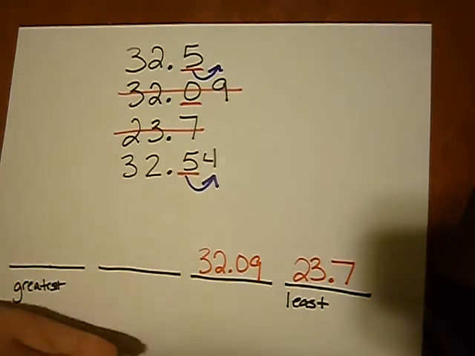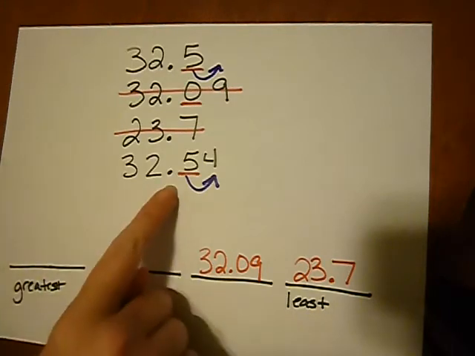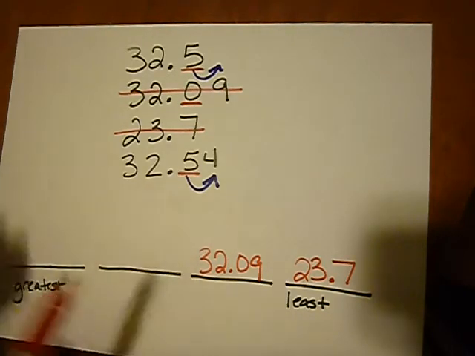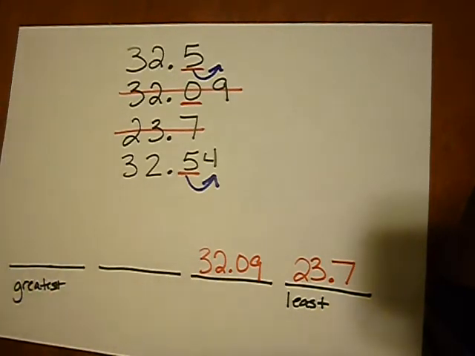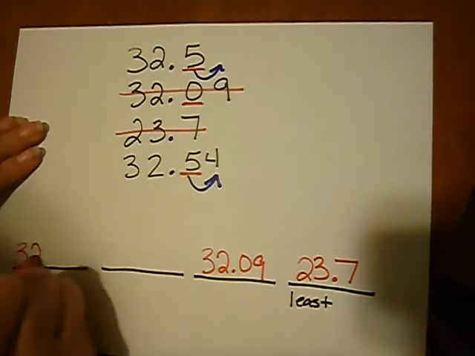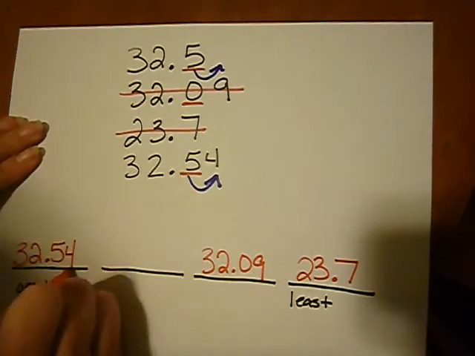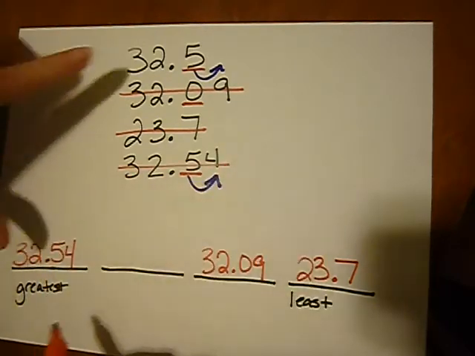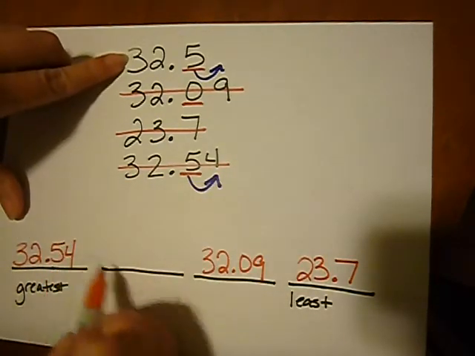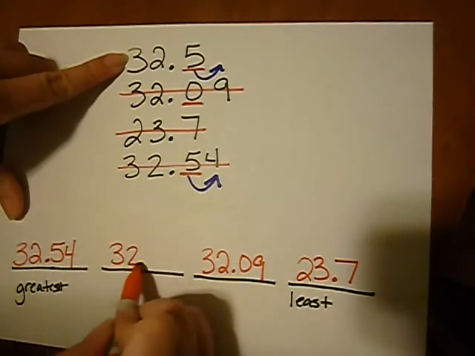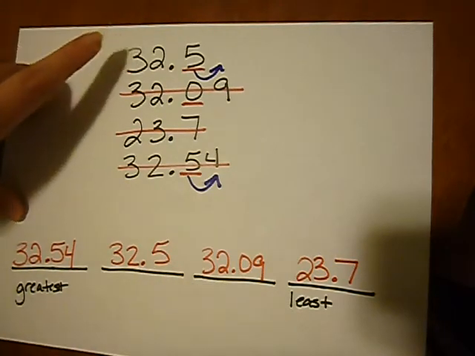And remember, we talked about in class that something is always more than nothing, which means that 32 and 54 hundredths is going to be my greatest. Which means my second greatest will be 32 and 5/10.